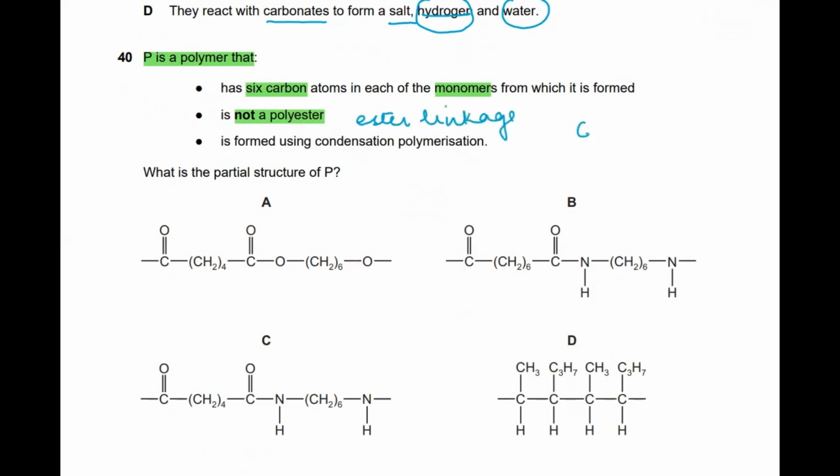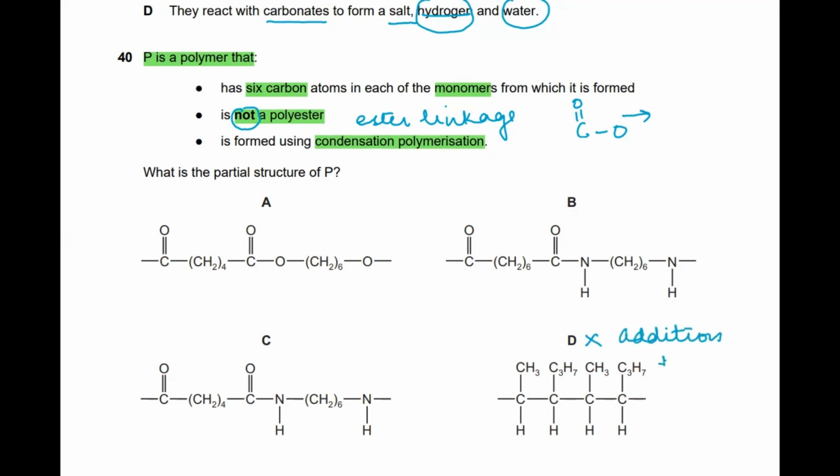Ester linkage is C double bond O and O. So it does not have an ester linkage, so this should not be present, right? It is formed using condensation polymerization. That means the two monomers should be different, and whenever they connect, there should be an elimination of water there. So D is incorrect because that's a product of addition polymerization.